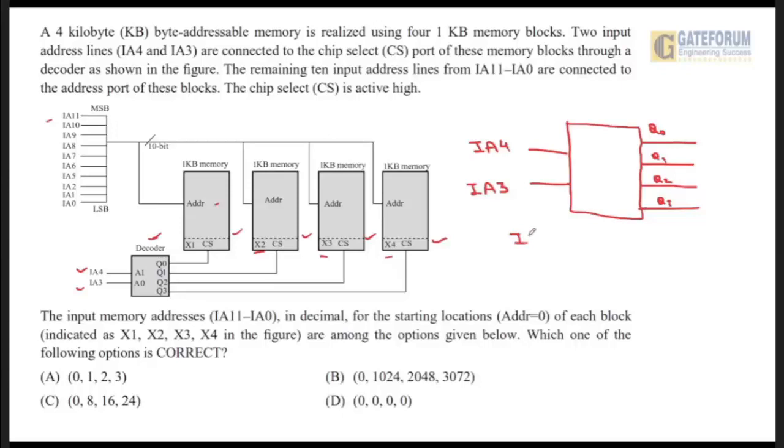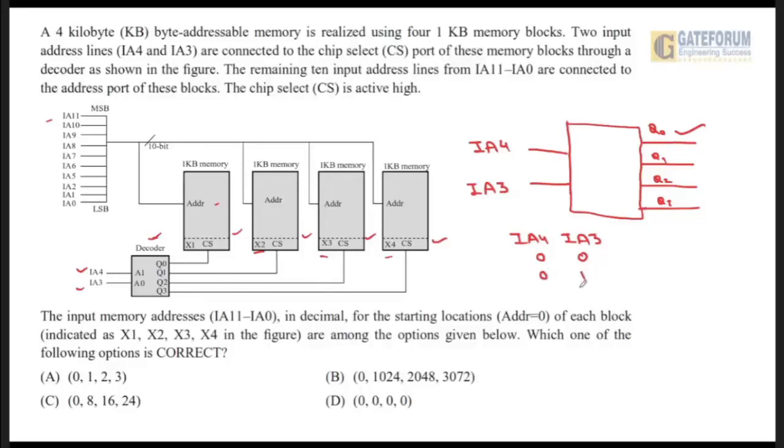Let us write IA4 and IA3. So what are the possible values these two can take? 0, 0. So when both the values are 0, it means 0. It means this Q0 will be 1 and all others will be 0.